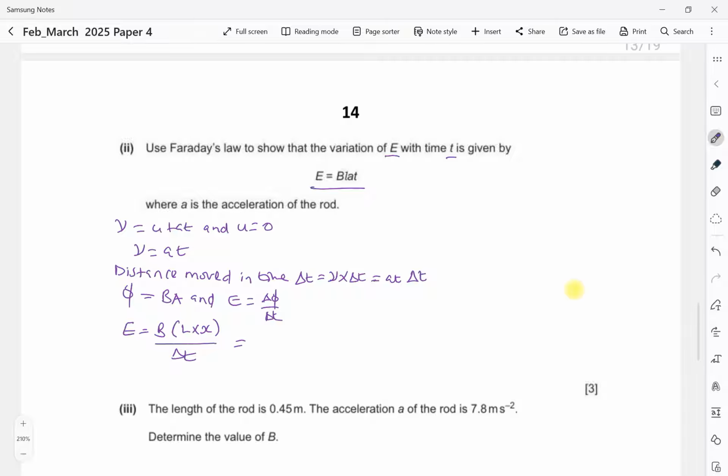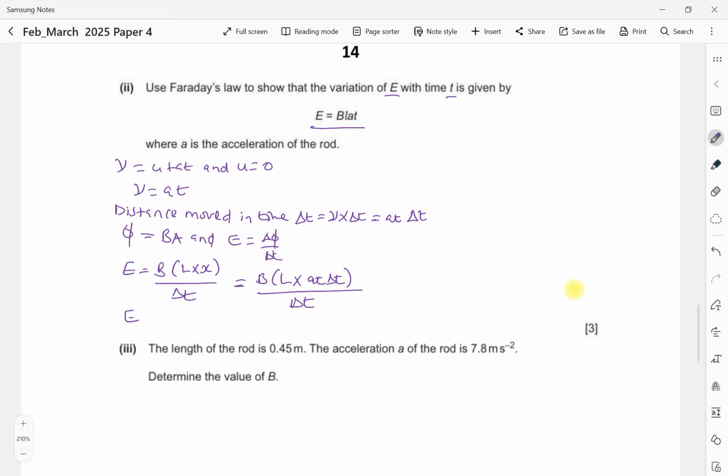But remember, the distance is at times delta t. So this is going to be B into L times at times delta t, divided by delta t. And that means that induced EMF is going to be BL times at, because delta t will cancel out. So that is as required.